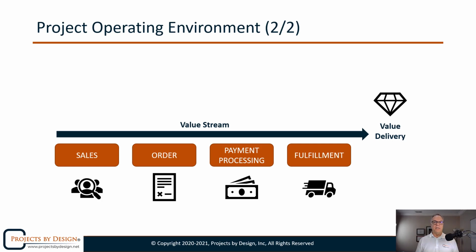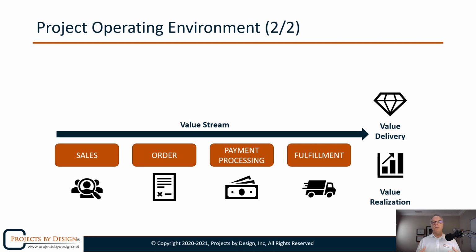Every organization does this to some degree. There's some level of sophistication. This is probably an oversimplified view of it, just for the illustration of sharing this conceptually. Once we've delivered value, then it becomes the goal of the organization to optimize the value or increase the return to the organization, the return on investment, as it were, if you want to look at it that way.